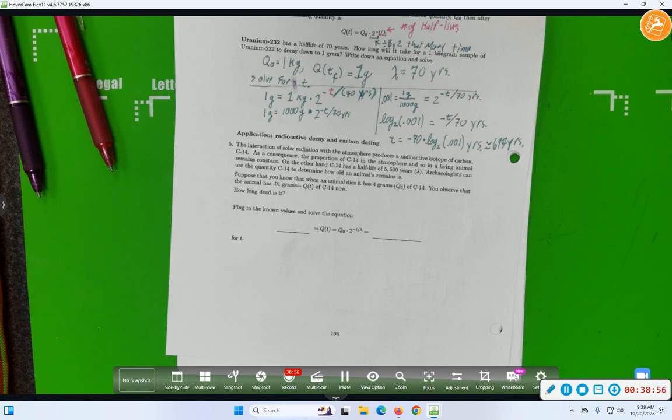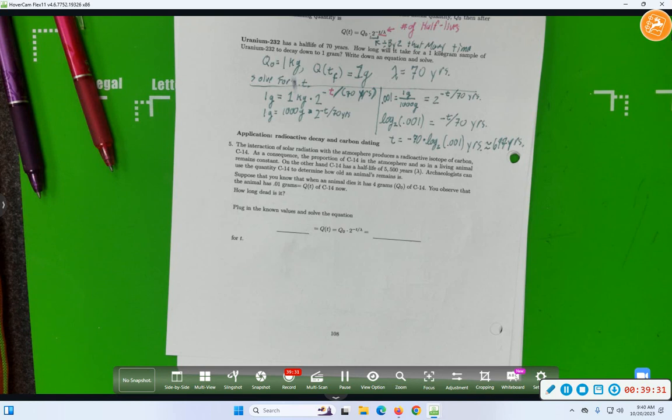When you die, assuming that you die, you will stop taking in carbon 14 because you will stop breathing. At that point, you're not taking in any new C14, but the C14 in your body right now is going to continue to decay exponentially. So that means that if you dig up a bone, you can say, well, when this bone died, I know how much C14 should have been in it, because it's the same as the concentration that's in the atmosphere.